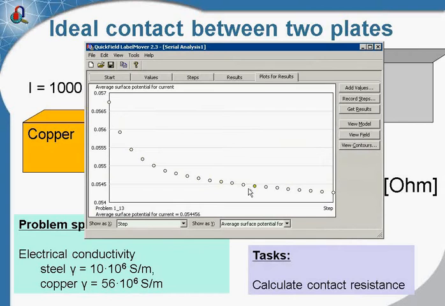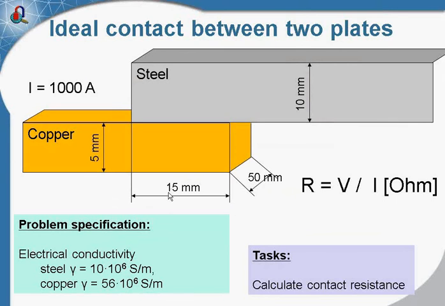So I believe this is the optimal distance, the optimal area for the contact, about 10 or 15 millimeters. There is no need to get a great contact area, but we should avoid the smaller contact area. So I believe 15 millimeters is a good choice for the contact area size.